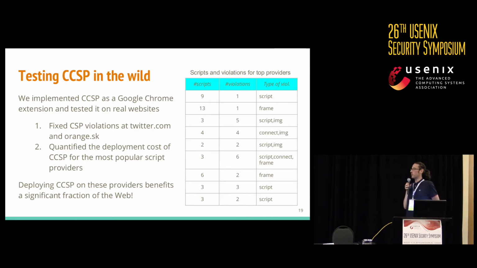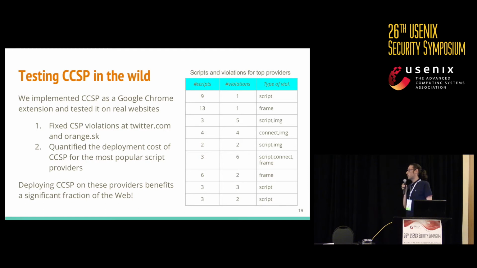I think it's interesting because it's an example of redirects, which actually depends on the language of the browser which is used to access the page. Depending on the language of the browser, you get redirected a different variant of Google specifically, and only the google.sk was whitelisted by developers, so it was not rendered correctly in our browsers. Instead, using CCSP, we are able to fix this violation very nicely.